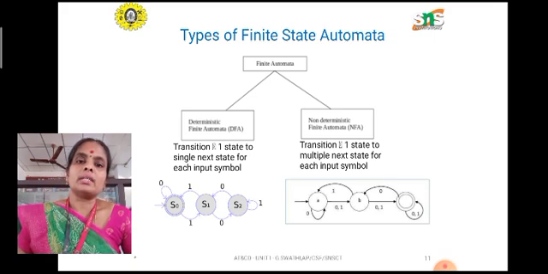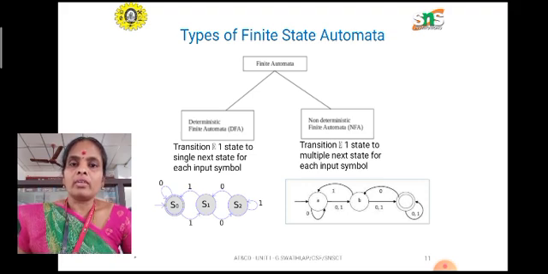And coming to the deterministic finite automata, it is well determined in such a way that on one input symbol from a state we will have only one transition that leads to one end state. So obviously there is no confusion in taking the transitions. The deterministic finite automata will provide you a feasible solution on any input symbol.